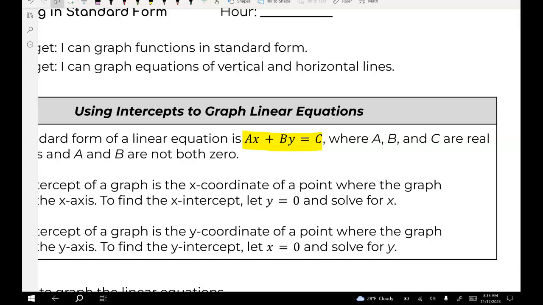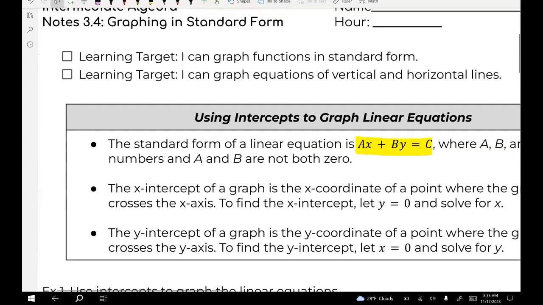So that's what the next two bullet points are trying to explain. I think it's sometimes hard to take math and long sentences and figure out how am I actually going to use this. But the x-intercept of the graph, what we were talking about here, is the x-coordinate of the point where the line crosses the x-axis.